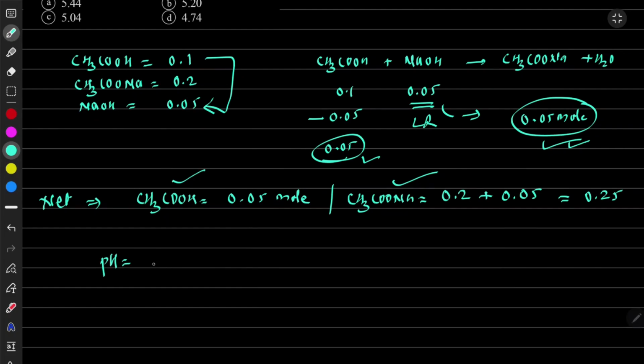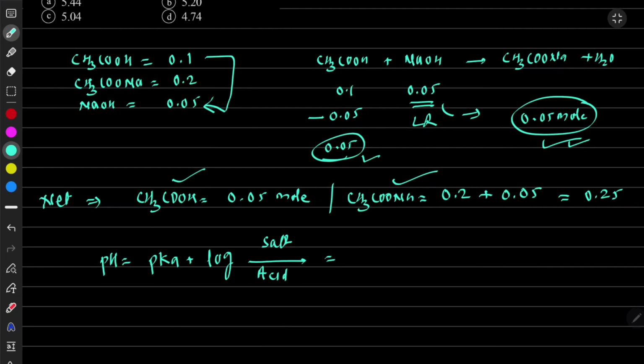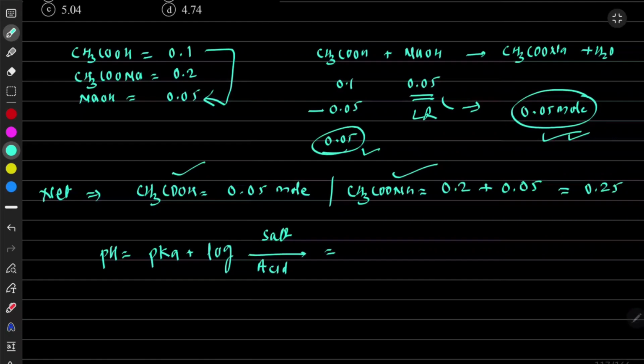pH will be equal to pKa plus log of salt upon acid. So pKa is already given, 4.74. So 4.74 plus log of salt. How much is the salt? Salt is 0.25, and how much acid do you have? 0.05.